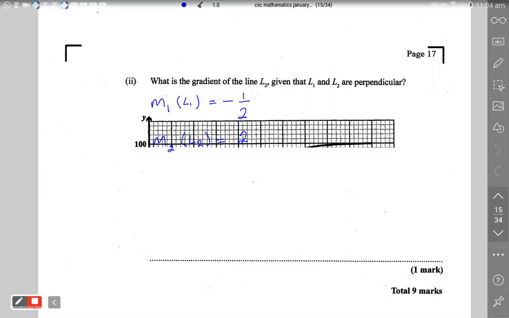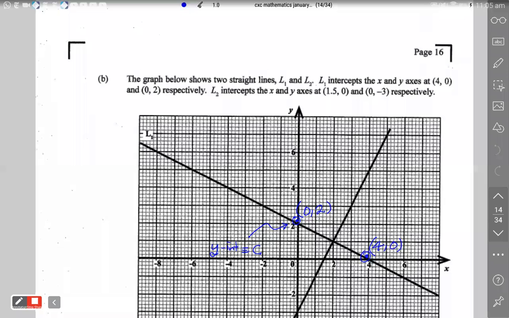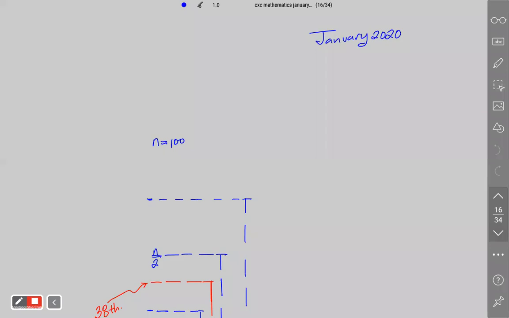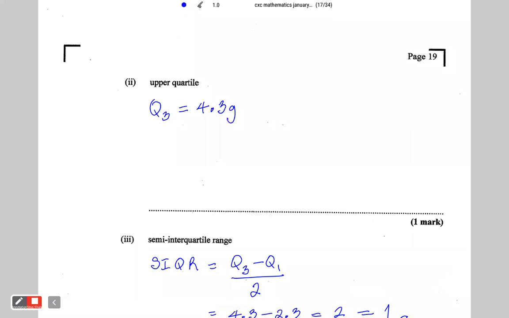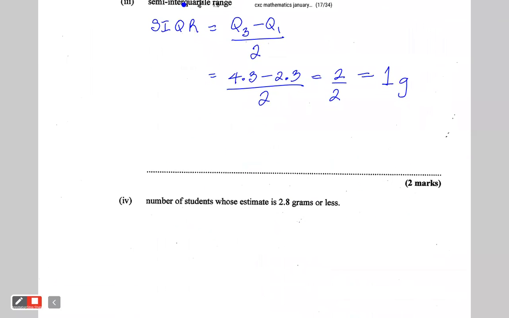So my answer to this question would be that the number of students whose estimate is 2.8 grams or less, the number of students that says the mass is less than or equal to 2.8 grams, is equal to 38.